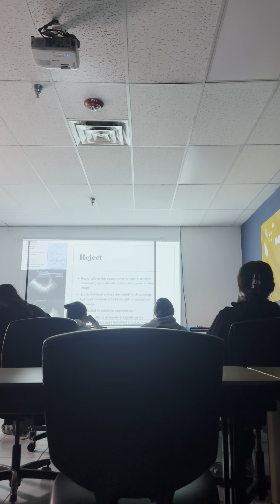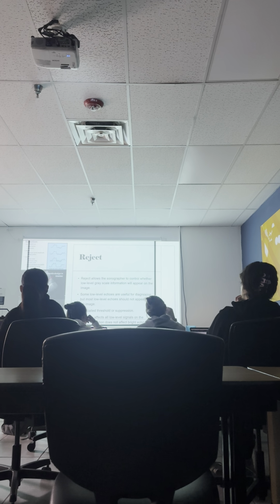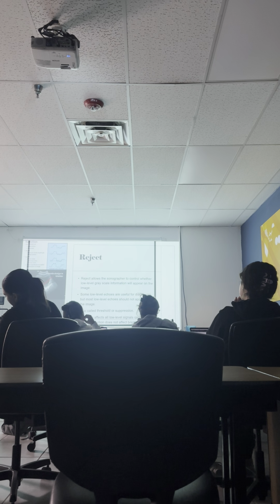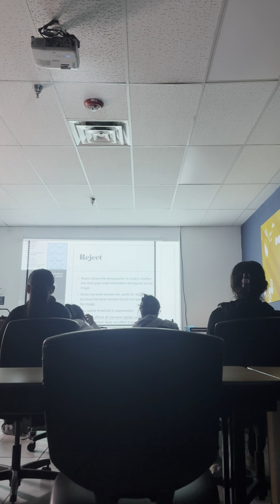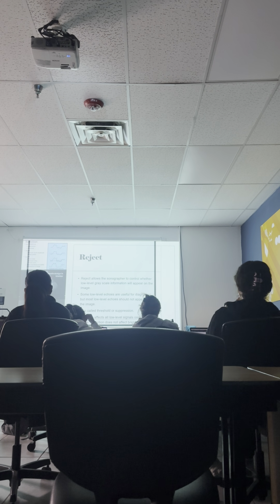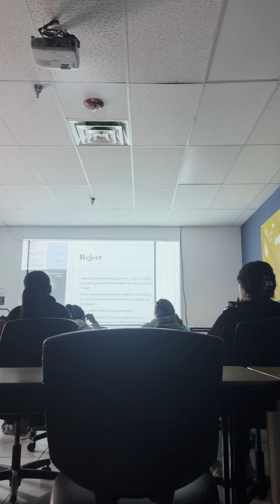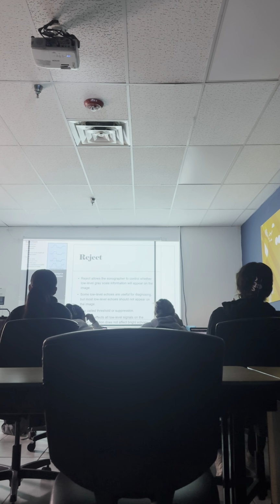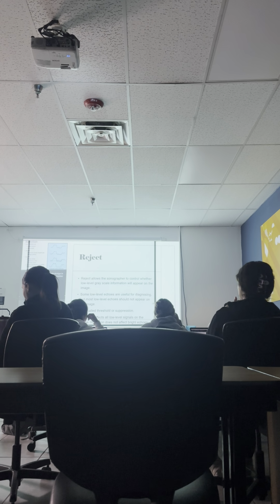For me, I picture reject as a bouncer. There's a guy standing at the door making sure everybody is 21 and over. The reject tells the echoes, what's your voltage? Sorry, too low, we don't want you. You're good, come on in, we're going to use you for our image. We can increase and decrease the reject.